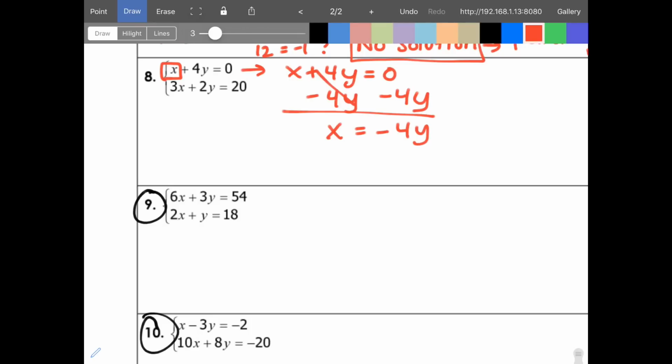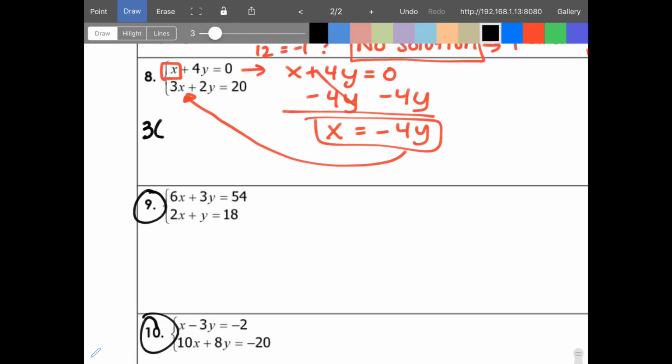So I got the x alone, so I'm going to plug that negative 4y into my next equation for x. So I'm going to say, okay, 3 times x, which is negative 4y, plus 2y equals 20.